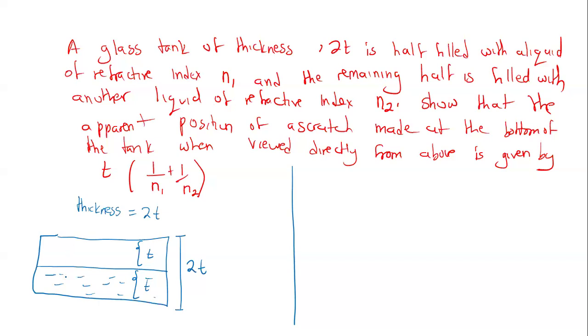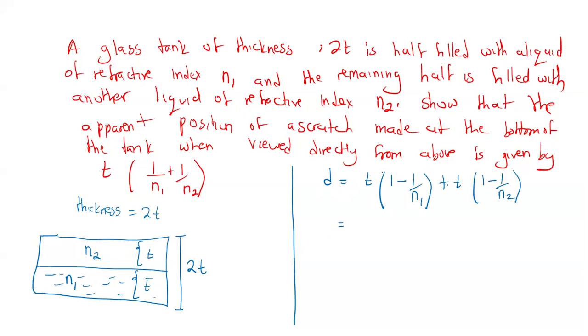The refractive index here is N1, and for this one it is N2. Now we say that the displacement D for the combined one is T into 1 minus 1 over N1, for the first liquid because its thickness is T, plus for the second one, T into 1 minus 1 over N2. Now, what are you going to notice?